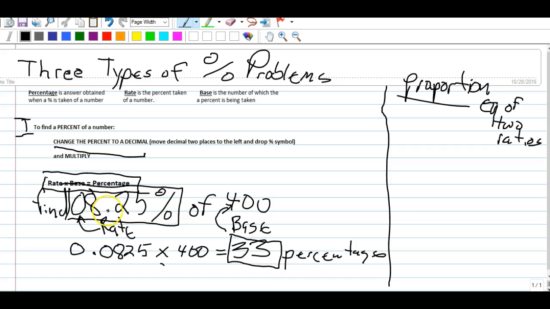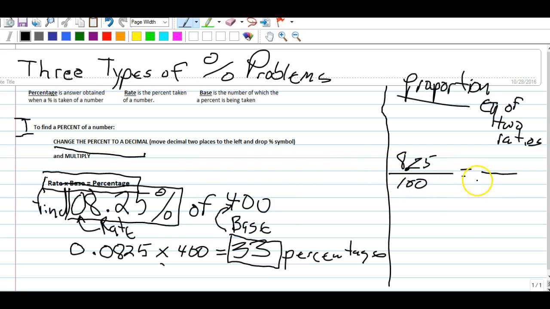So if I wanted to express 8.25% as a ratio, since percent means hundreds, that would be 8.25 over 100. That's 8.25 over 100 is equal to, and here you have to determine where the only other value that you have, 400, is placed.